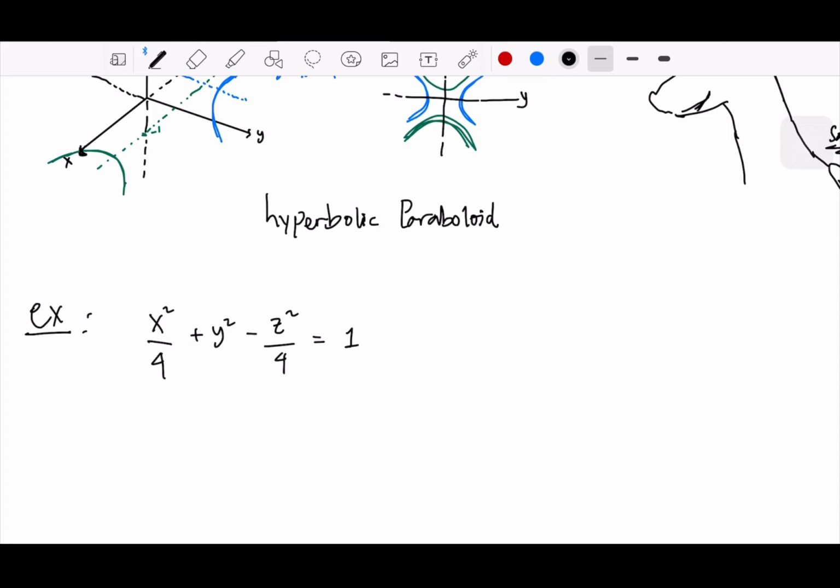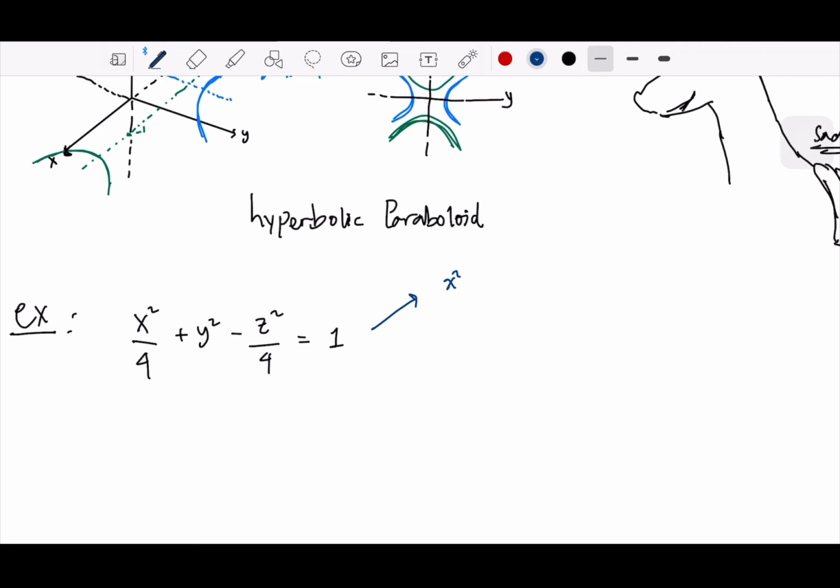We need to trace the equations and we can sketch the shape. Okay, we are looking at the hyperbola. So this is a hyperbola, and the other part is also a hyperbola, and we can write down the equations.